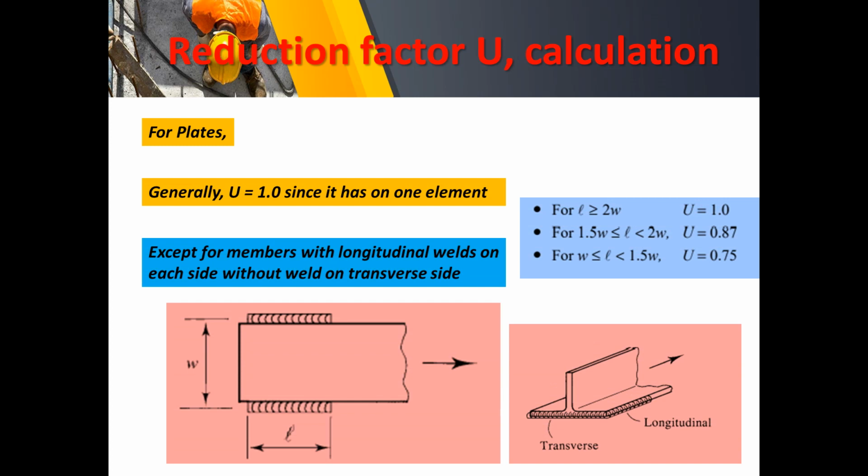So what we do is to compare your L with 2W, wherein W is the width of the plate. If L is greater than or equal to 2W, our reduction factor U is equal to 1.